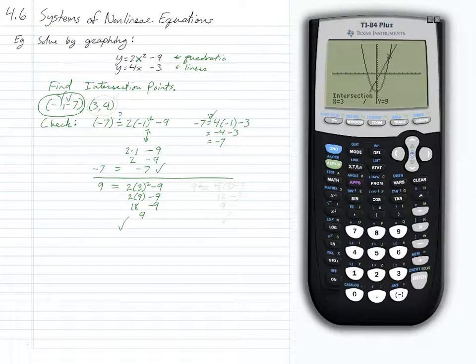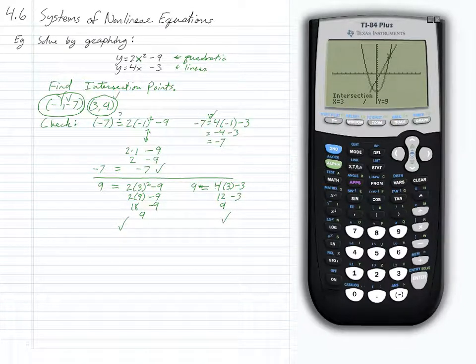And we'll plug that into the other equation. Let's say 4 times 3 minus 3, well that's 12 minus 3, which is 9, so these are in fact equal. And this point is also a solution.